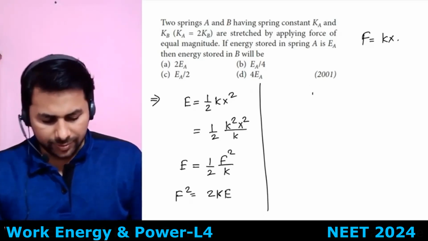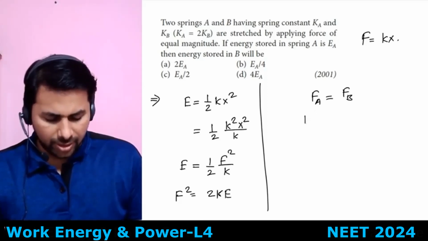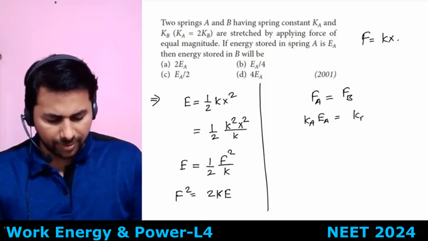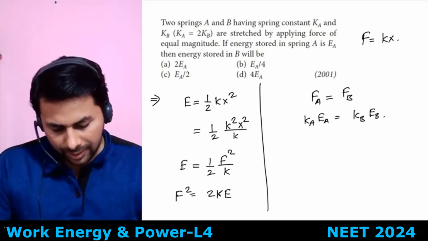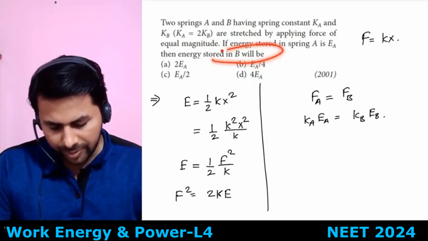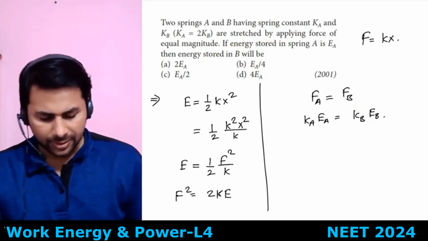So Fa equals Fb. That means Ka into Ea is equal to Kb into Eb. And I want the energy of B in terms of the energy of A. So I will take Kb on this side.